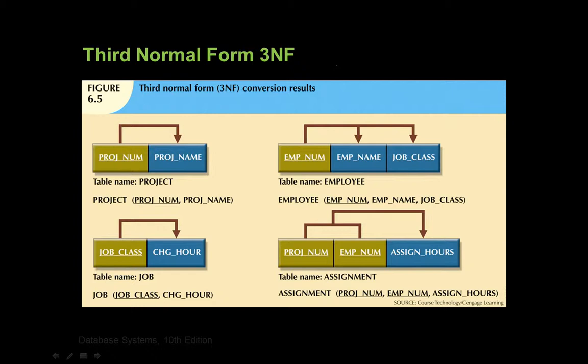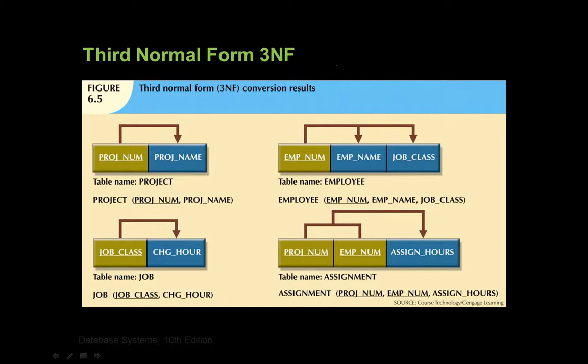What's changed is our employee table, and notice now we've removed that transitive dependency. So now the employee table reflects only information about our employee. The employee number is the primary key, our employee name, and the job class that that employee carries.